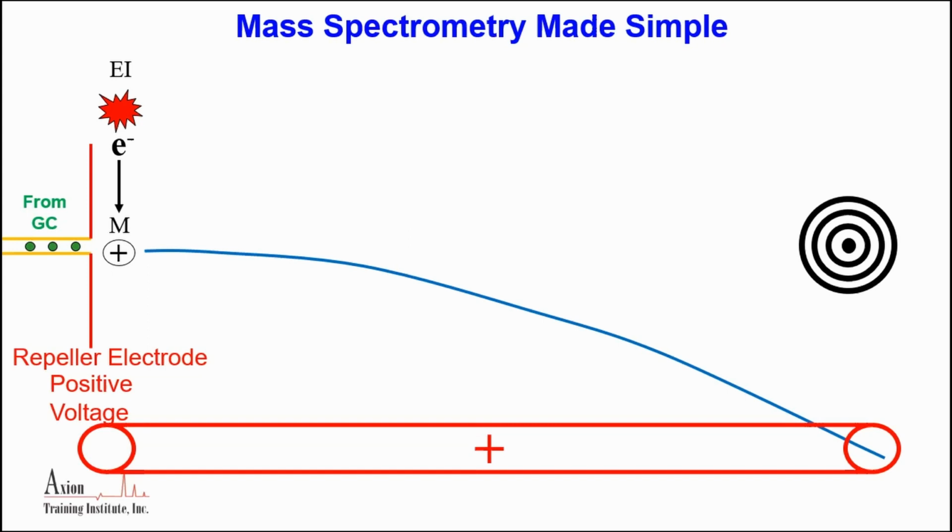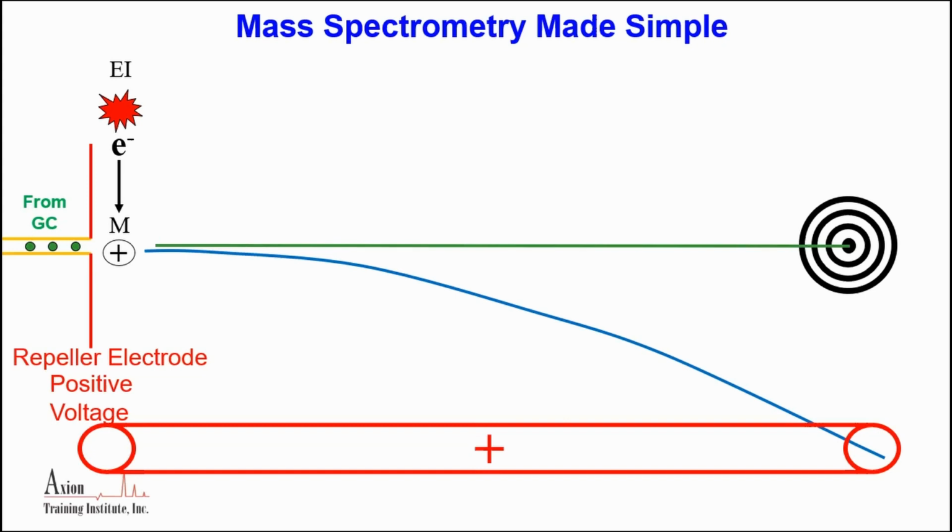Let's say that molecule weighs exactly 100 molecular weight. So gravity is pulling down with the force of 100. So let's turn on that electrode, and let's tell the electrode to push up with the force of 100. If we do that, that molecule will then push all the way through the mass spec. It won't fall, it won't rise, it'll hit the detector.